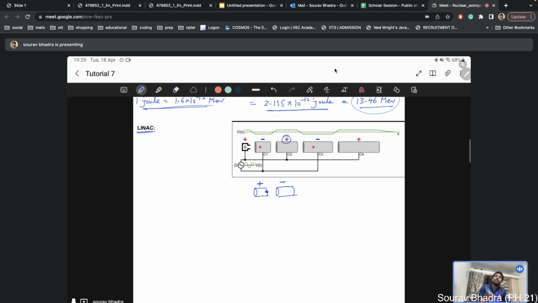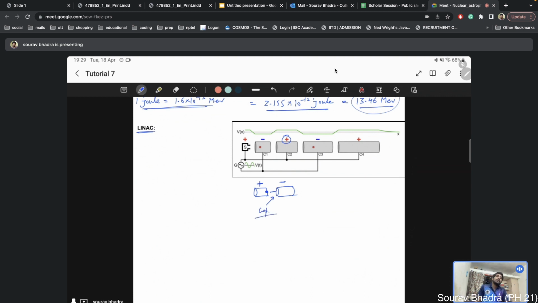Here also the polarity is changed after some time, an oscillating phenomenon. Whenever the particle comes out of any cylinder, the polarity of the next cylinder reverses, so that it again feels acceleration in this gap, in this gap, in this gap.